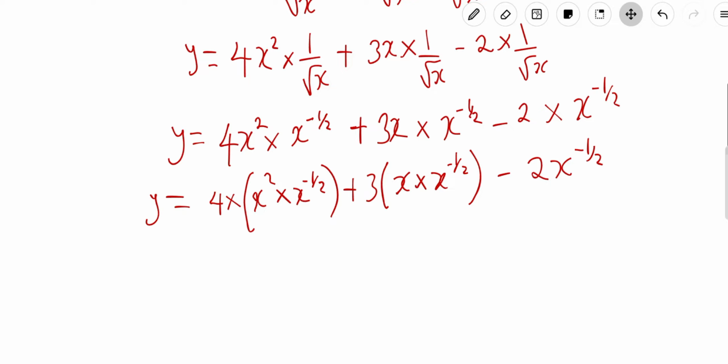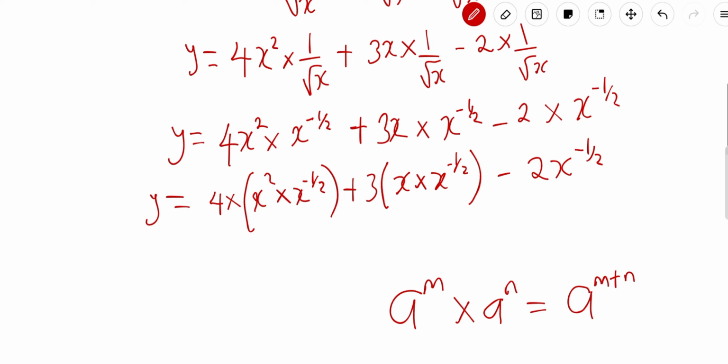A lot of indices. I also know that a to the power of m multiplied by a to the power of n is the same thing as a to the power of m plus n.